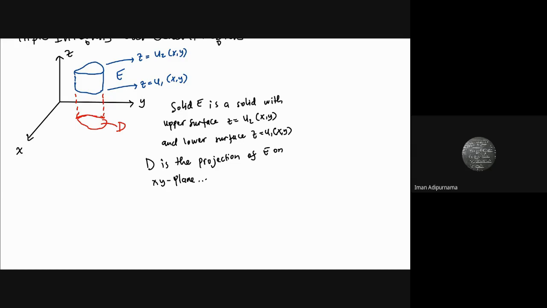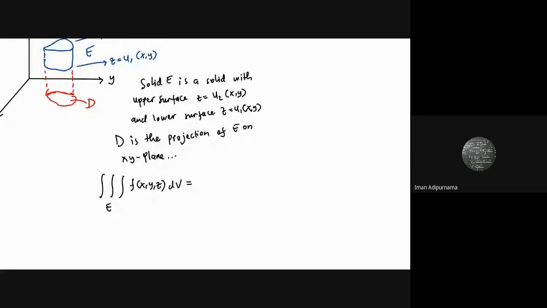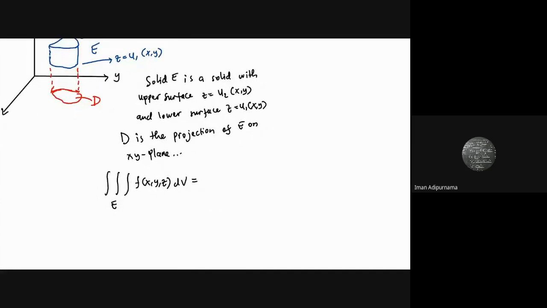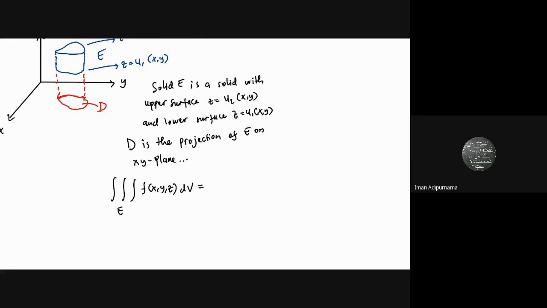Now what we are going to do is define E in terms of triple integration like this, with dV. And we can make it equal because now we have the functions on the level surfaces.